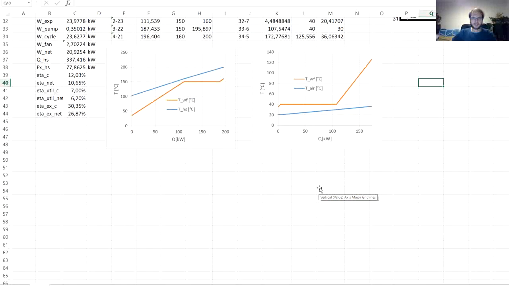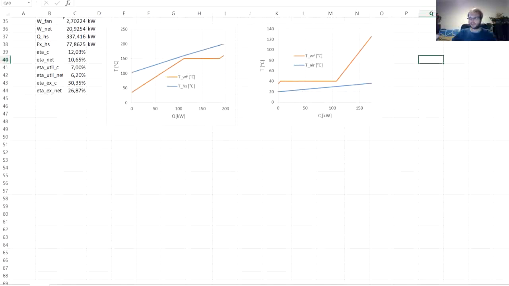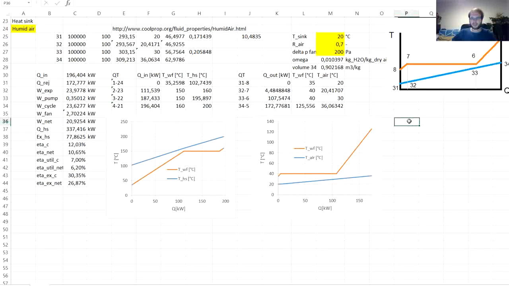Now let's draw the temperature entropy diagram of the cycle. So first we will draw the saturation curve of saturated liquid and vapor. So let's put in 3 columns: entropy of saturated liquid, entropy of saturated vapor, and temperature.